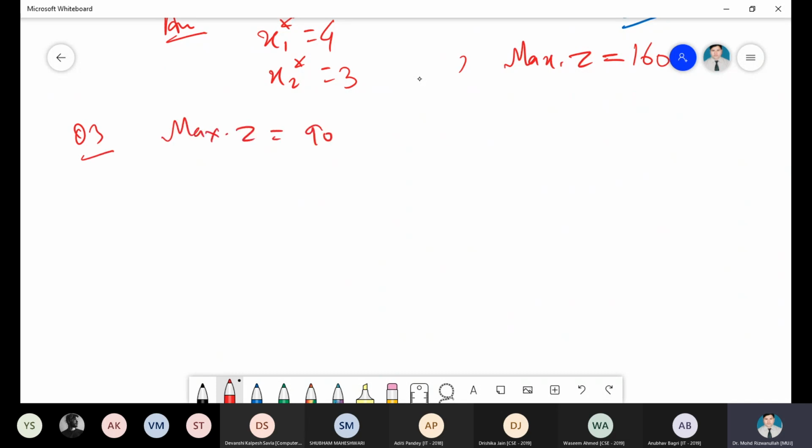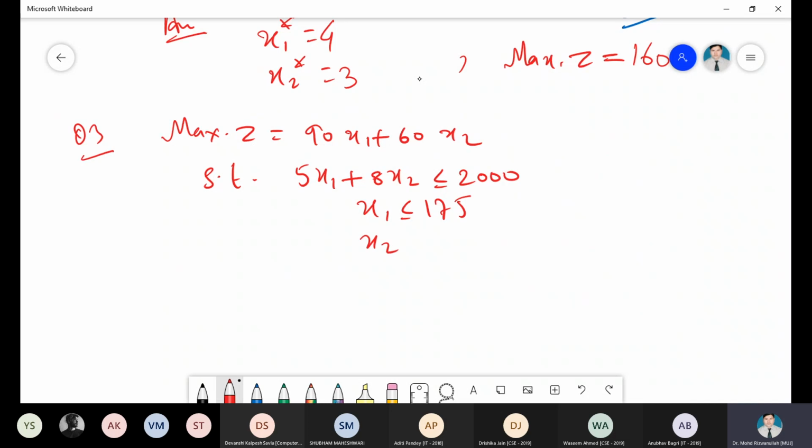Max Z equal to 90x1 plus 60x2, subject to 5x1 plus 8x2 less than equal to 2000, x1 less than equal to 175, x2 less than equal to 225, 7x1 plus 4x2 less than equal to 1400, and x1, x2 greater than equal to 0.